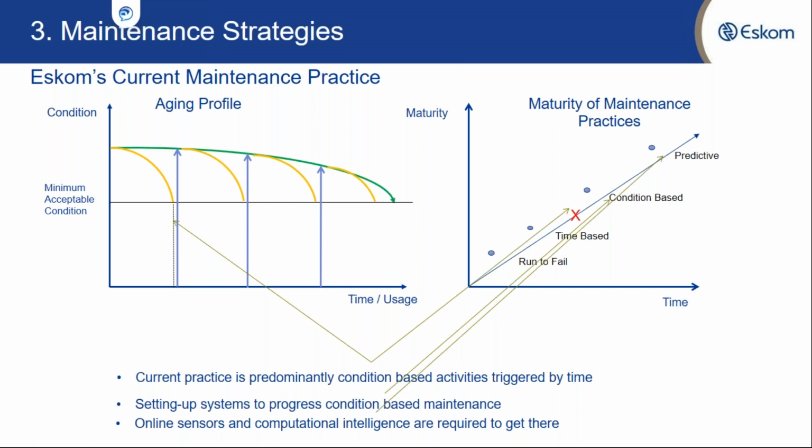So we can apply a level of automated generation of work orders based on the deterioration of condition that we see. For us to get to predictive maintenance, we'll need to apply online sensors as well as computational intelligence on our assets in order to get there.